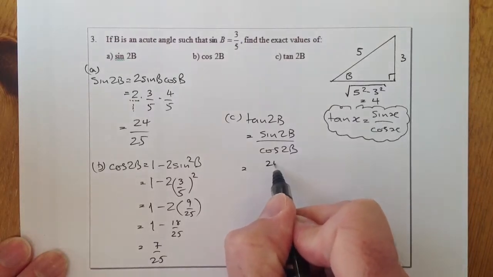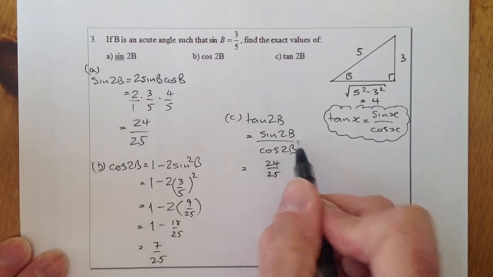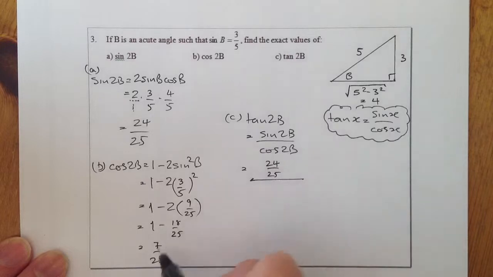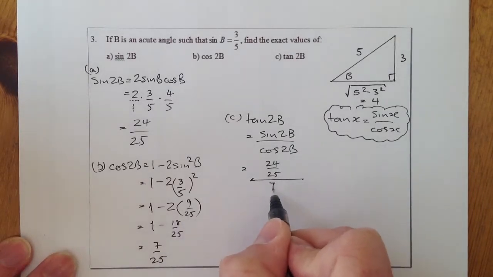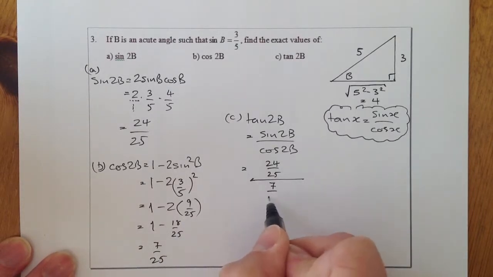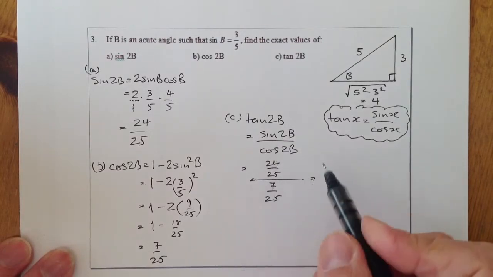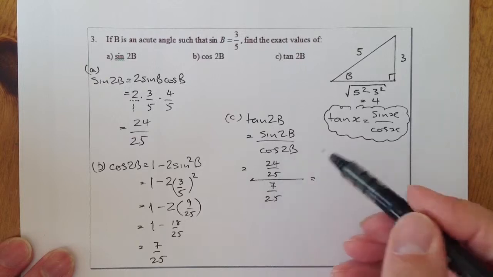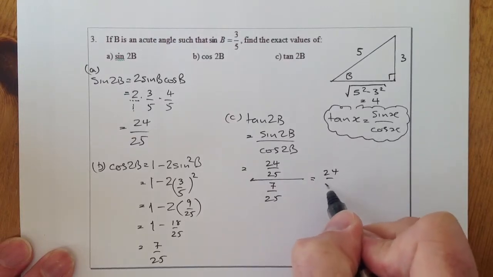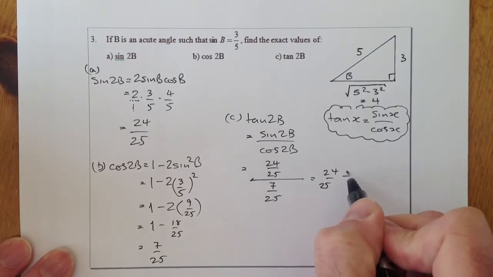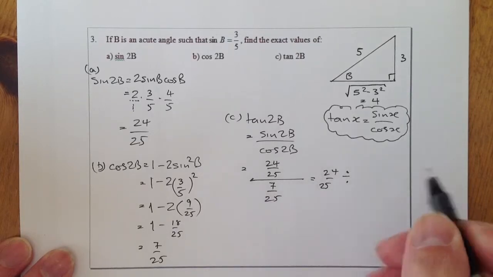So sin 2B is 24 over 25, divided by cosine 2B, which was 7 over 25. If you know how to work this out straight away, just do that. If you don't, write it out like you would normally see it: 24 over 25 divided by 7 over 25.